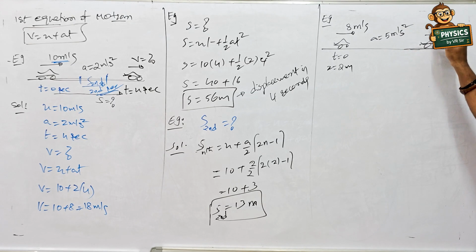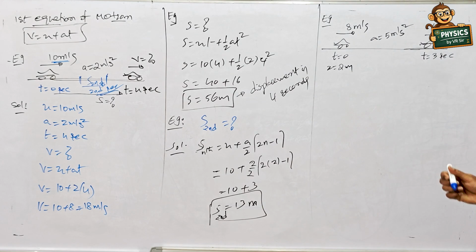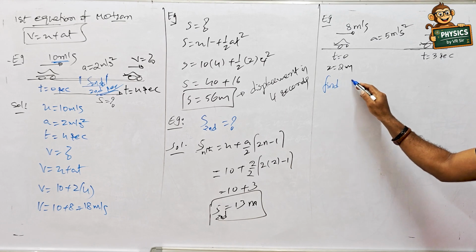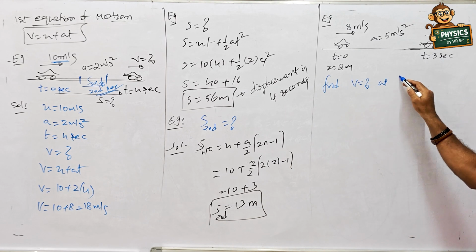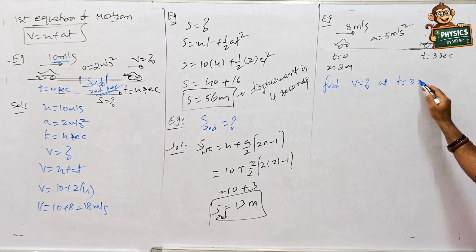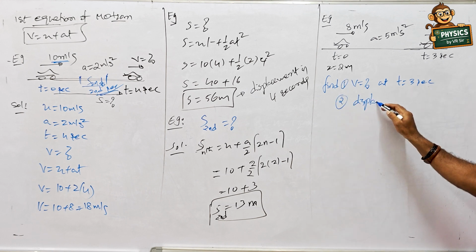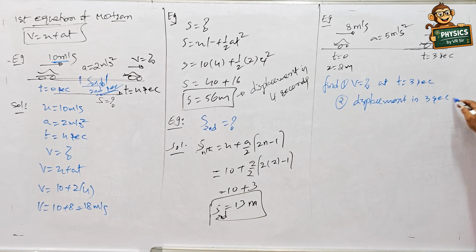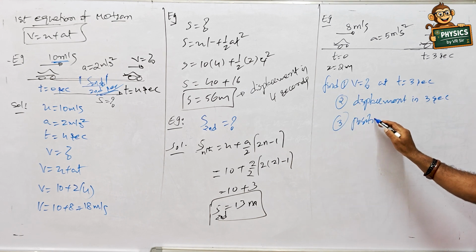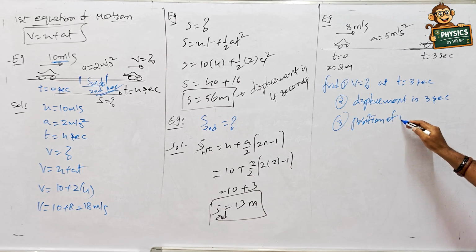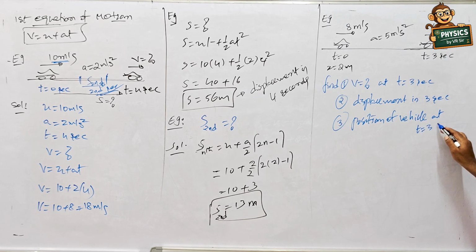They are asking what is the velocity at t equivalent to 3 seconds. So you should find the velocity at t equivalent to 3 seconds. Second one, displacement in 3 seconds. And the third one, position of vehicle at t equivalent to 3 seconds.